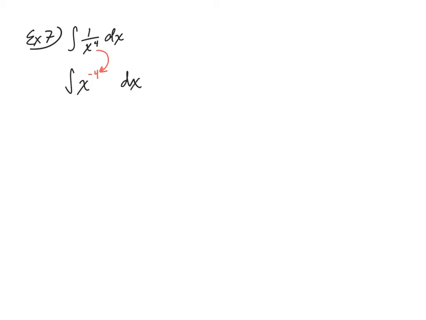So from here, we can now use the power rule, which states we add 1 to the exponent and multiply by the reciprocal of that new exponent. The reciprocal of negative 3 is negative 1 over 3 plus c.